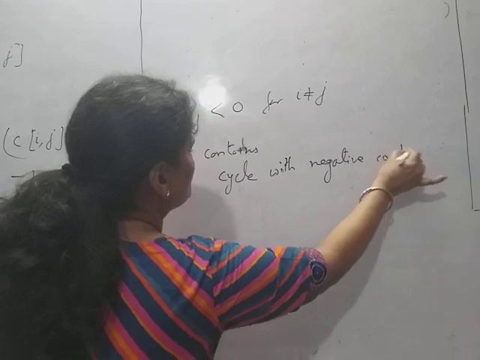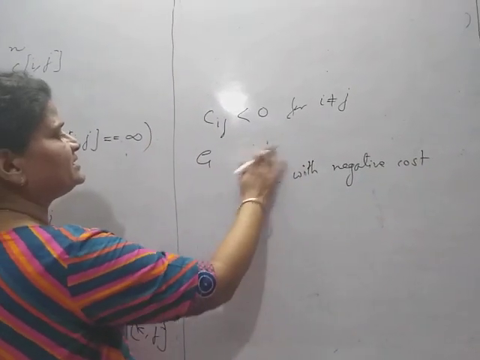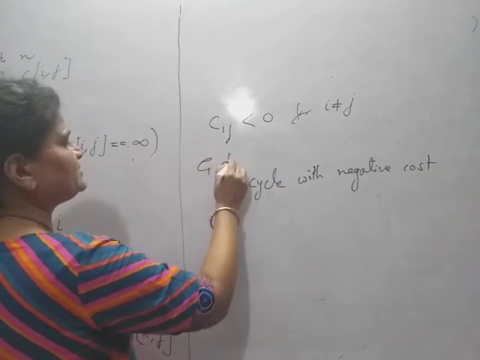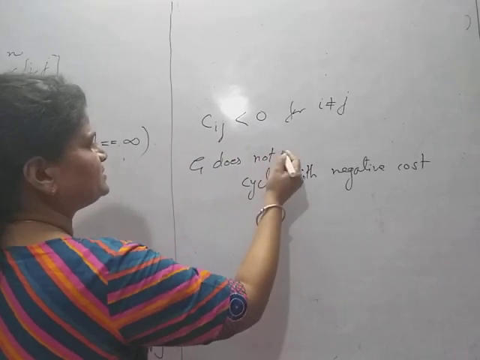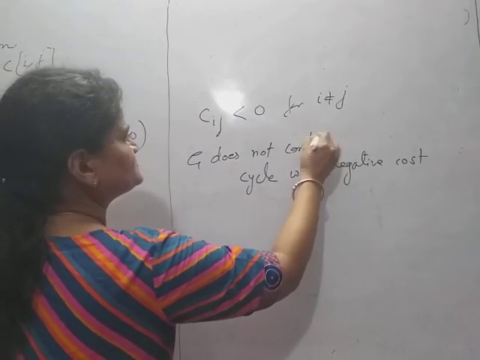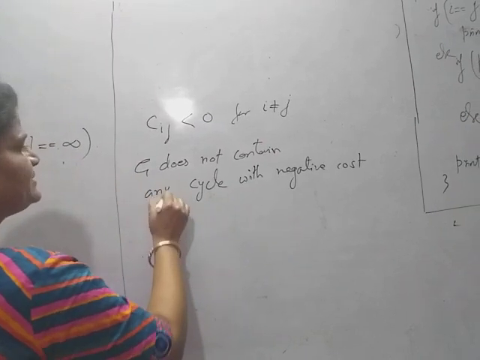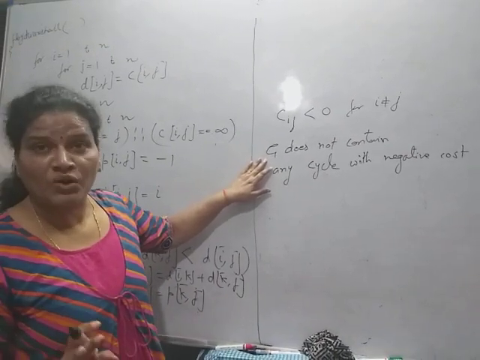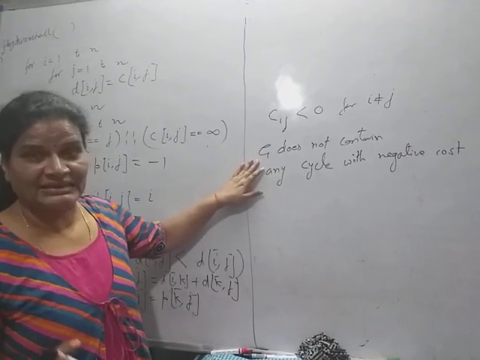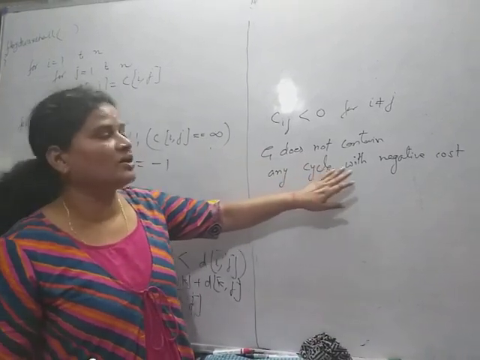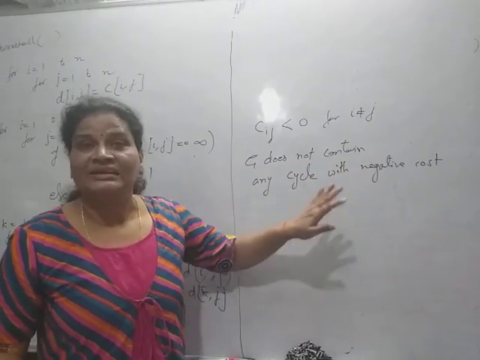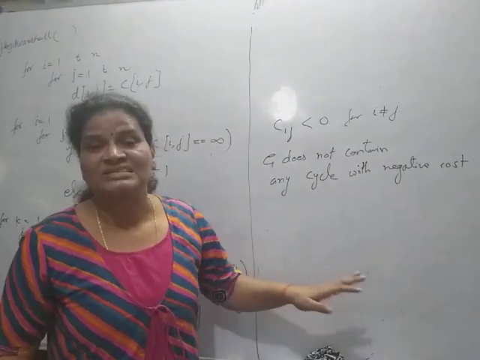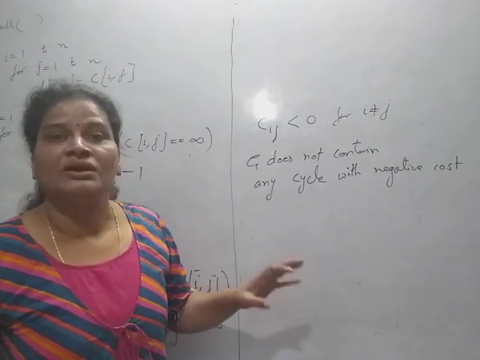G should not contain any cycle with negative cost. There can be cycles, but the total cost of the cycle cannot be negative. If the graph contains a cycle with negative cost, it does not work properly.